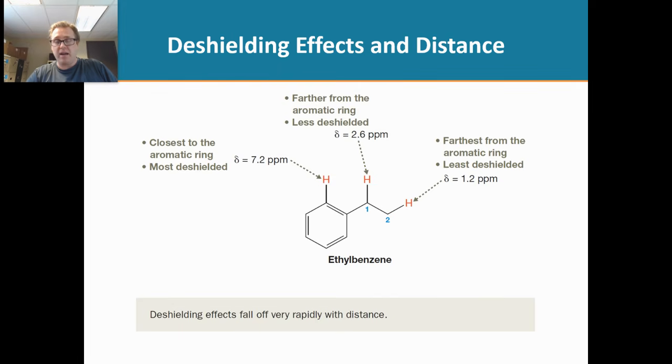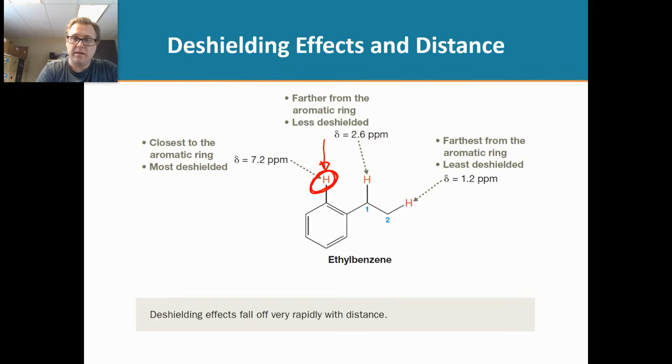And this concept of deshielding through magnetic anisotropy also depends on distance. So what we have here is a hydrogen directly attached to the benzene ring. And so the anisotropy is going to have a greater effect on that hydrogen because it's within those magnetic field lines. But as you go one carbon away, do you see how that is a methylene hydrogen? Methylene hydrogens should have a chemical shift around 0.9 to 1.4.